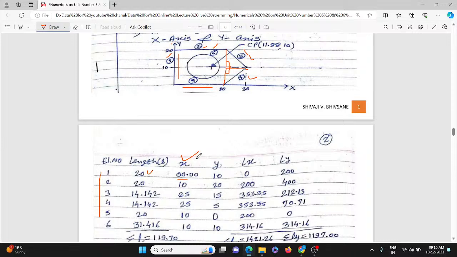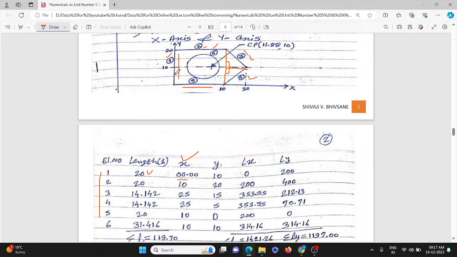x is nothing but the distance from y, and as far as element number 1 is concerned, it is lying on the y-axis. So what is the distance of element number 1 from the y-axis? It is 0. And on that element itself, somewhere the centroid will be lying. So what is the center here?